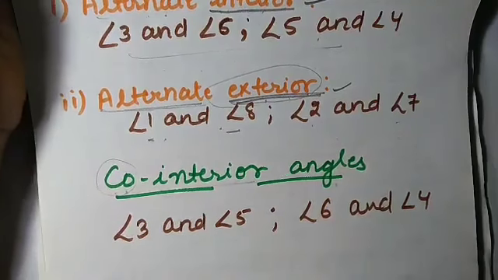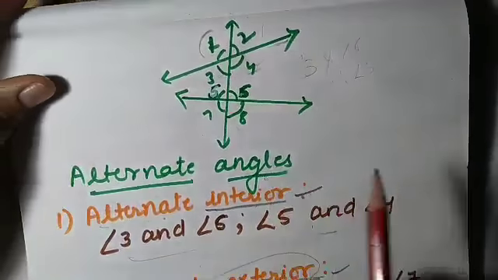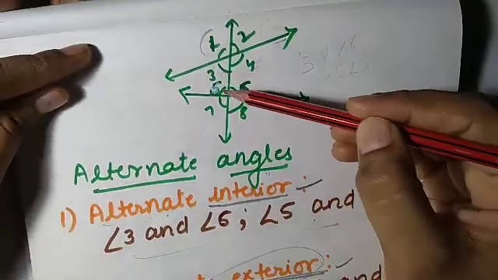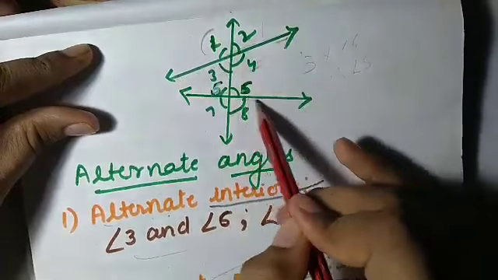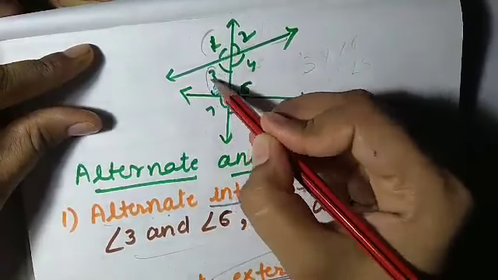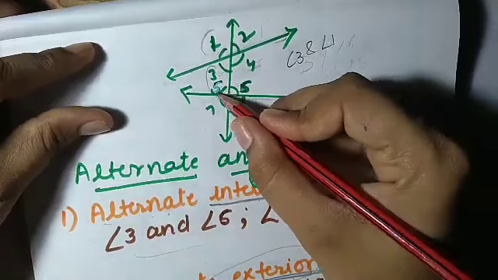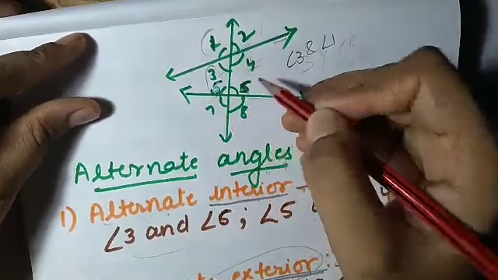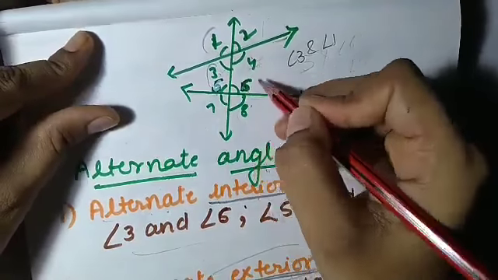Okay, so we have to find the co-interior angles. Co-interior means together and inside the lines. So these are the two lines, and the pair 4 and 6 is a pair of co-interior angles.